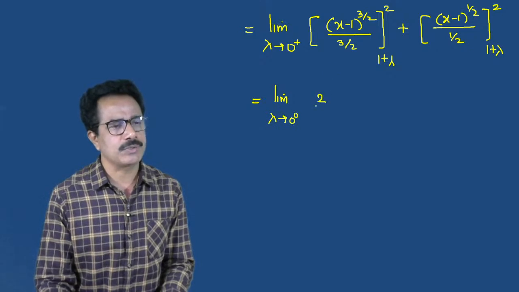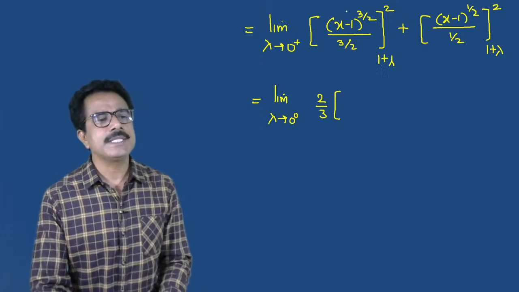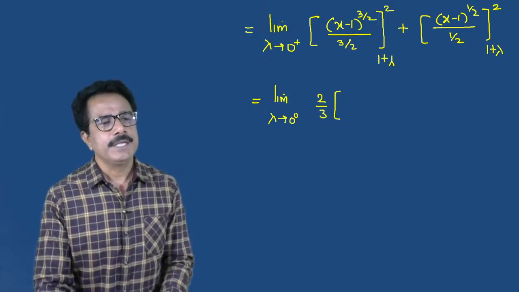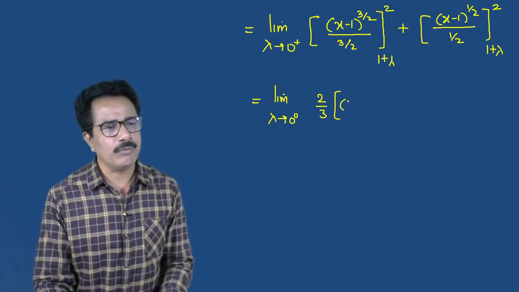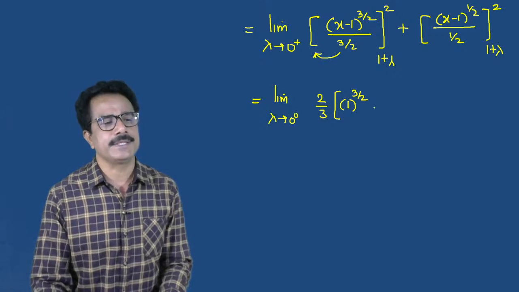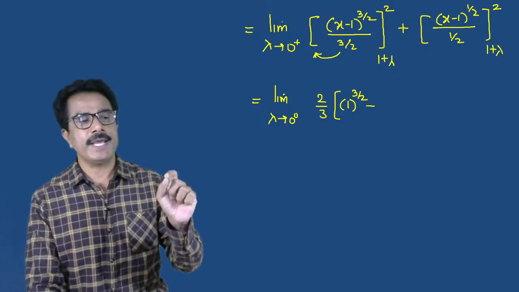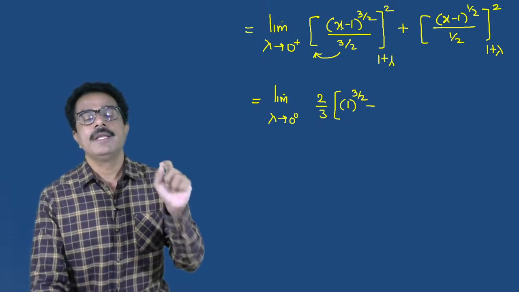We can write this 2 by 3 into, put this upper limit and lower limit. If we put upper limit, then 1 raised to 3 by 2. You can take it out of the limit. Minus lower limit means in place of x put 1 plus lambda.